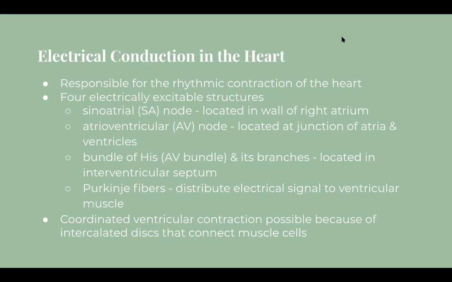And there's four of them: the sinoatrial node, the atrioventricular node, bundle of His, and Purkinje fibers. These structures coordinate ventricular contraction in regular time frames. And this is possible because there are structures called intercalated discs that connect the cytoplasm of muscle cells, so they're able to communicate essentially to maintain that regular contraction.